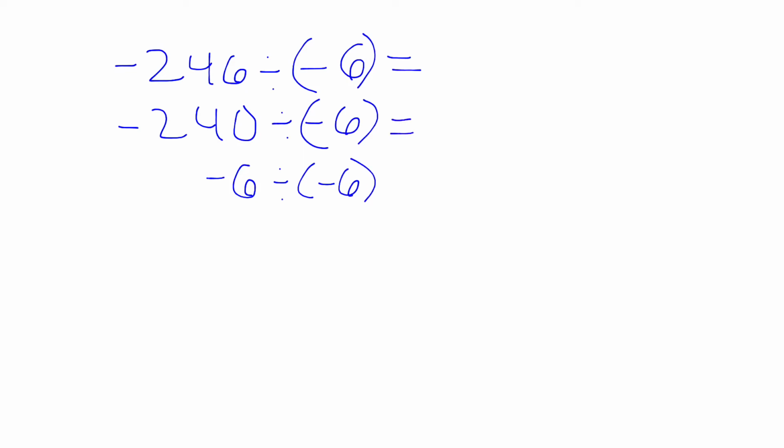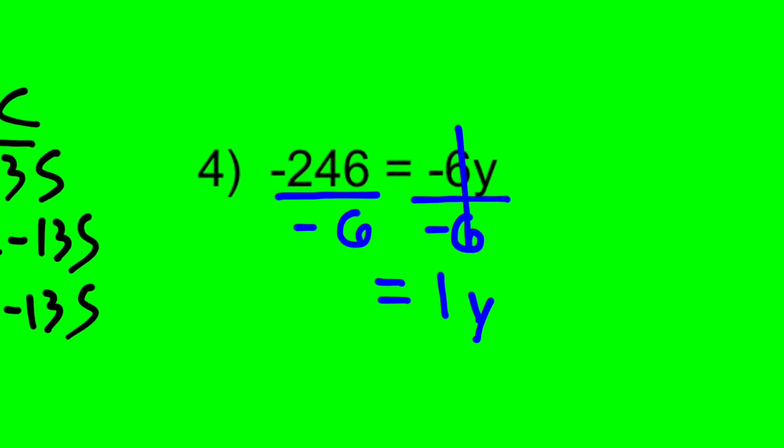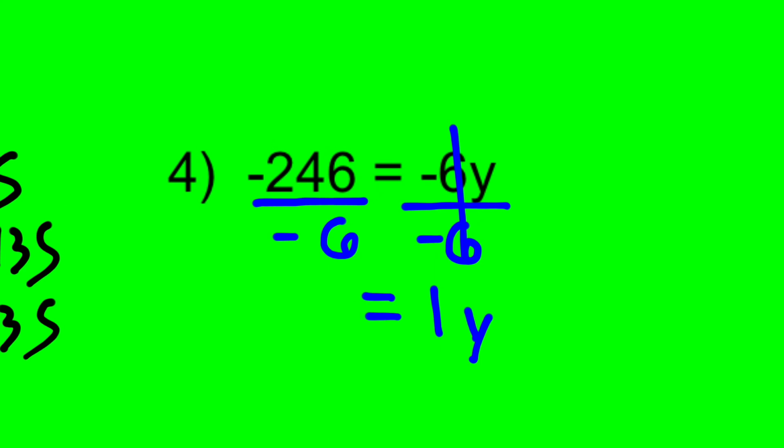Okay, well, 24 divided by 6 is 4. Tack on the 0, and it's a negative divided by a negative, so that's positive. And negative 6 divided by negative 6 is positive 1. Add those together and you get 41. So negative 246 divided by negative 6 is positive 41.